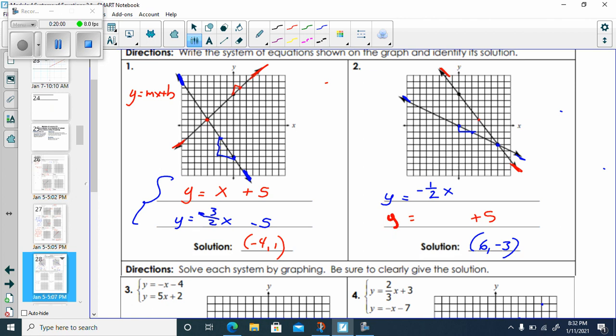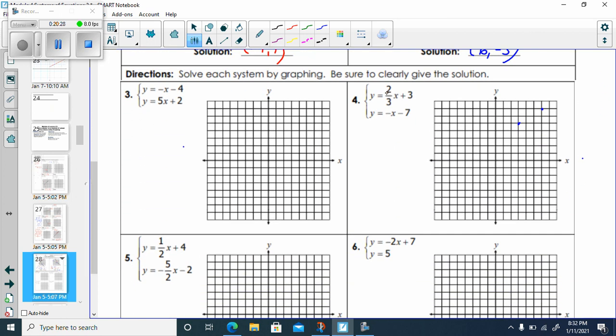This is down 4 and over 3. You got to have your x there. Y is equal to negative 4/3 x plus 5. This is your system of equations. All I did was write the linear equation for each line. And this is your solution. It's where the two lines intersect.